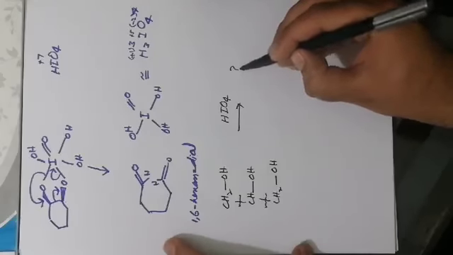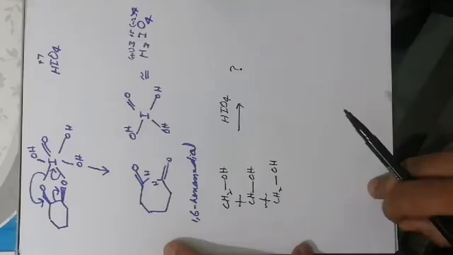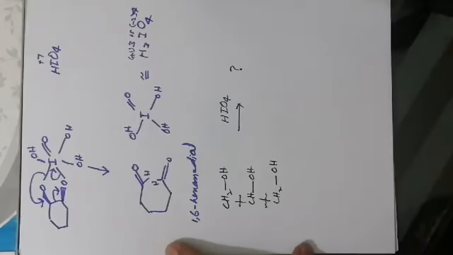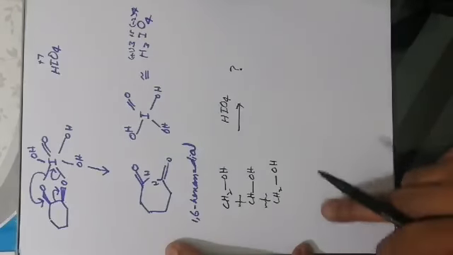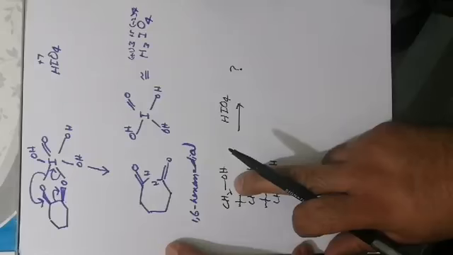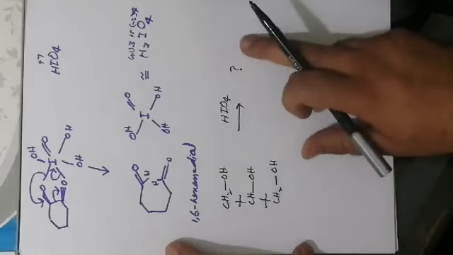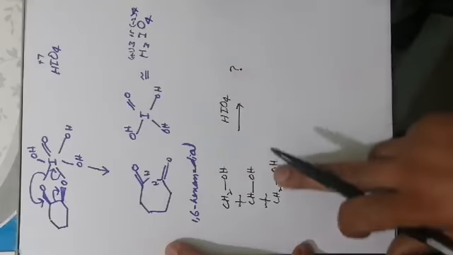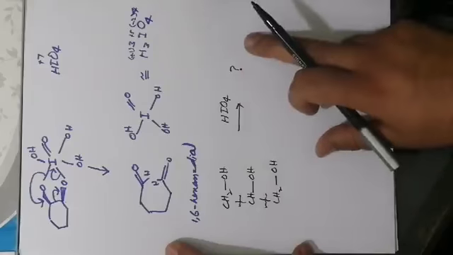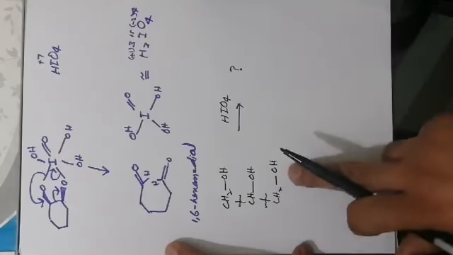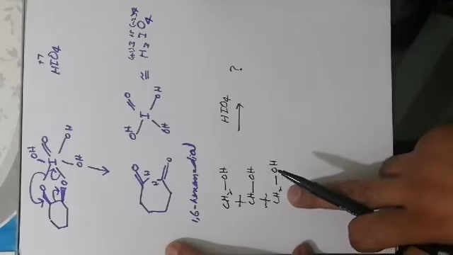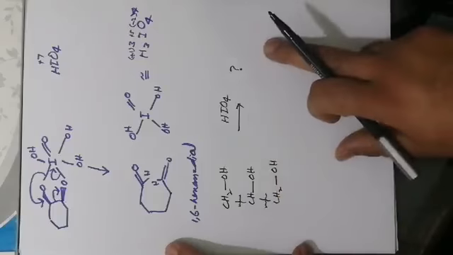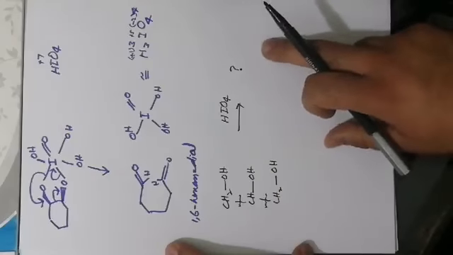Now, what are the products? When I say that this CH2OH will be changed into formaldehyde, and this will change into formic acid, and again this terminal carbon would change into formaldehyde, probably you would not get any idea.